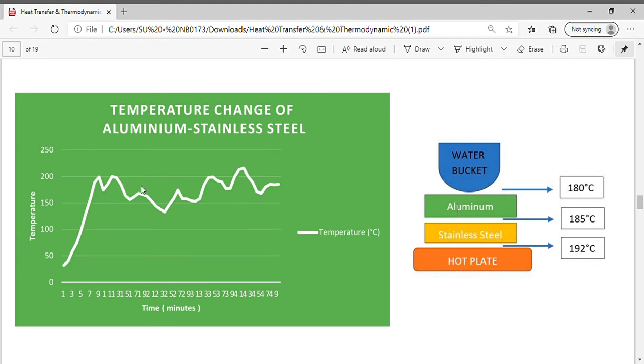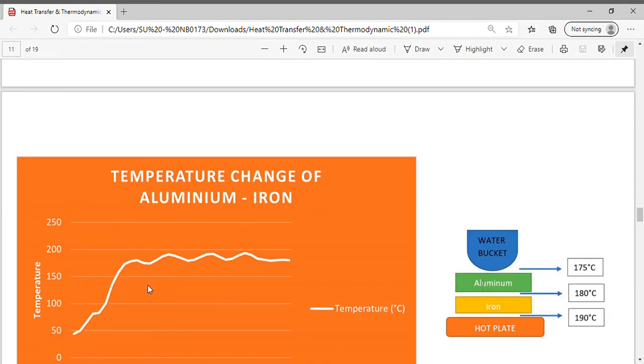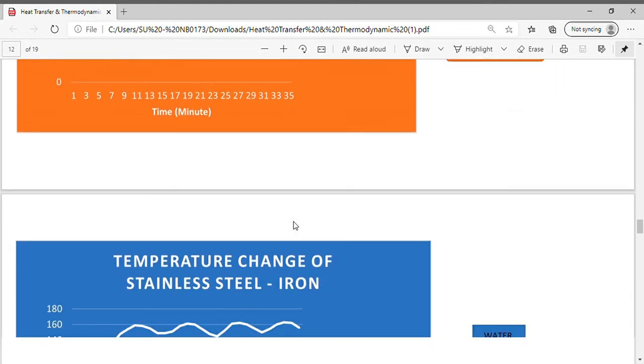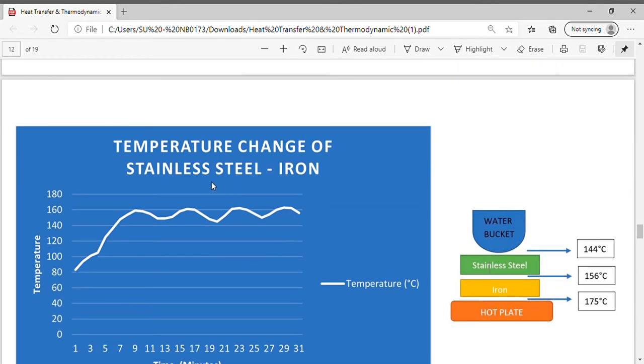So the graph makes a step change. The change is really big. Different from the last one, stainless steel and iron, where the change is not that different.